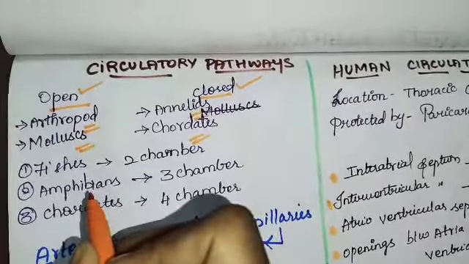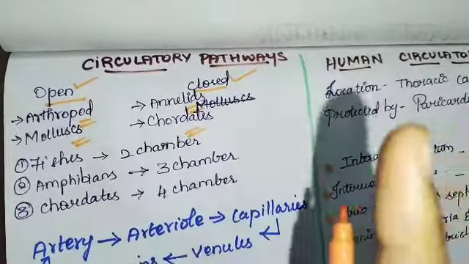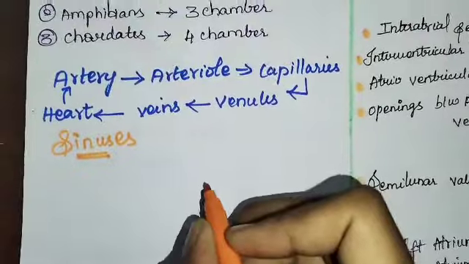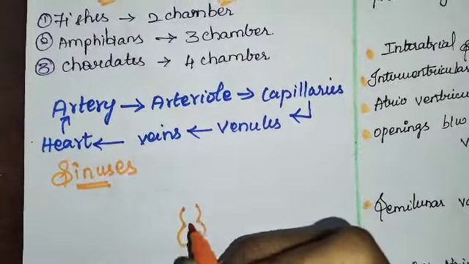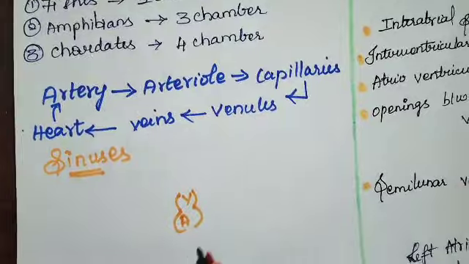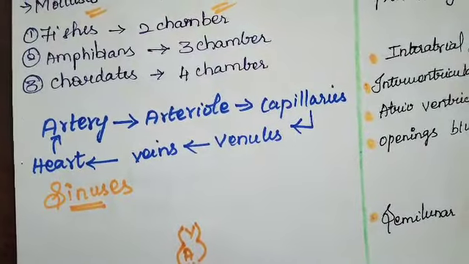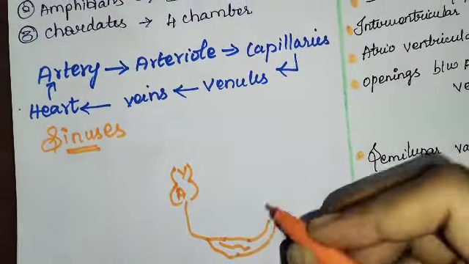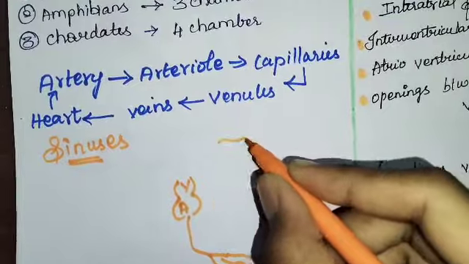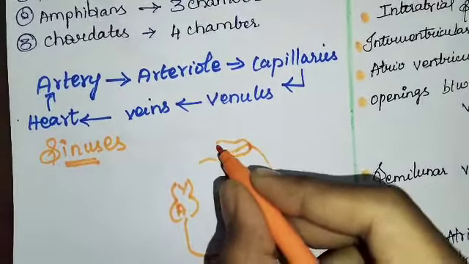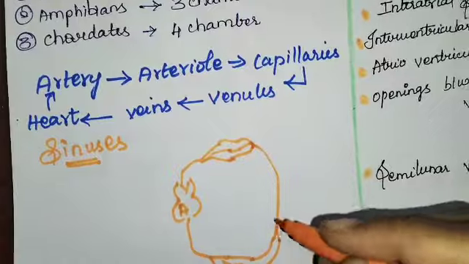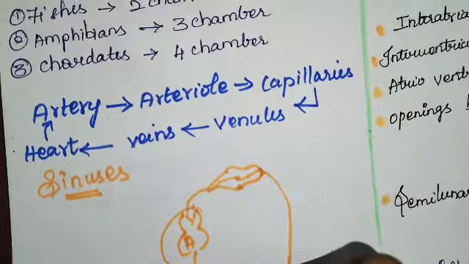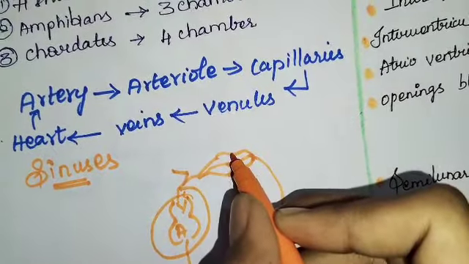If you take fishes, we have two chambers, that is, they undergo only one circulation, that is single circulation. How? If you see here, this is the heart, one ventricle, one atrium. This is the body tissues. The blood goes to the gills, rejoins and comes to the ventricle.